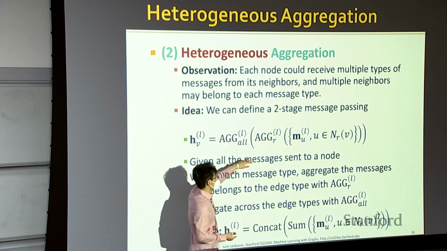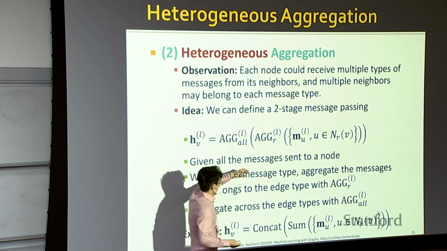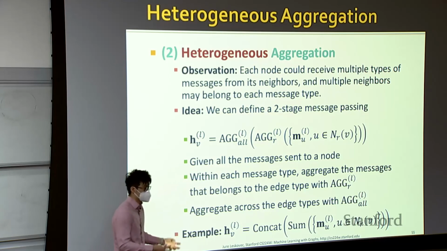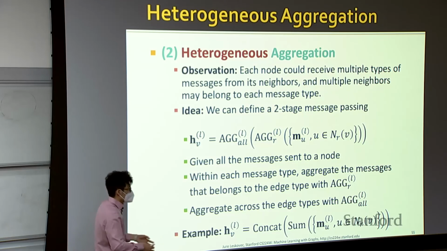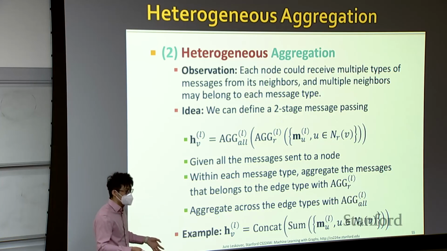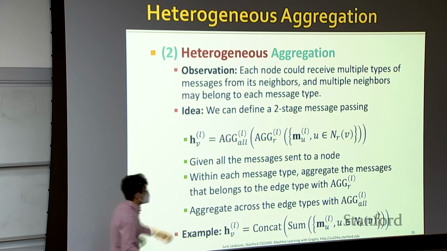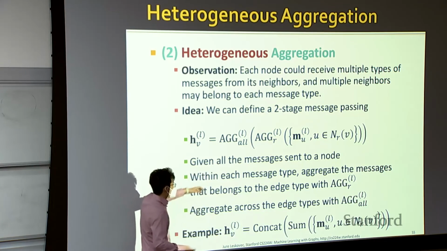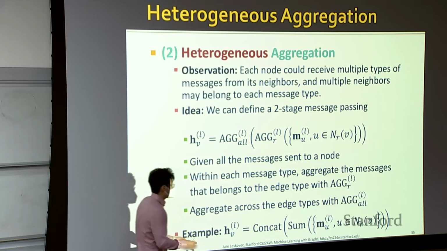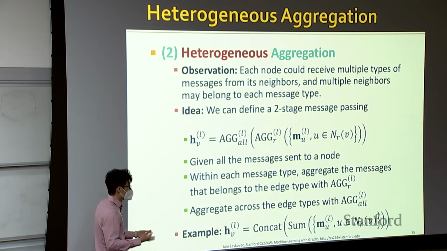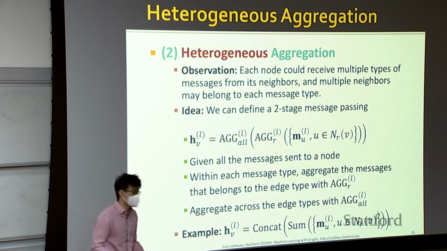The first stage will aggregate the messages within each relation type because, for a given relation type, we may have different members that belong to it. And having aggregated over the relation type, we may want to additionally aggregate over all the relation types because now we have information obtained from each relation type.